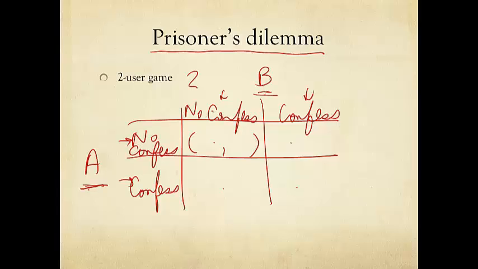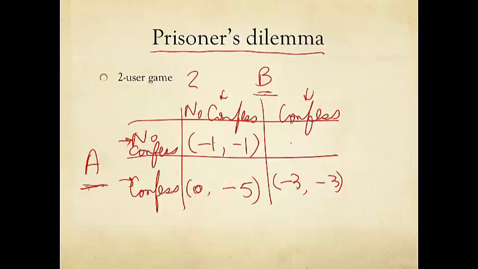So if they both decide not to confess, then the police can only charge them with a lesser crime, and they will each get, say, 1 year in prison. Whereas if they both confess, then they will be sent to prison for a longer term, say 3 years. Whereas if one confesses but the other does not, then the one that confesses will be rewarded and walk away free for cooperating with the investigation, and the other one will be left with a most severe penalty of, say, 5 years in prison.